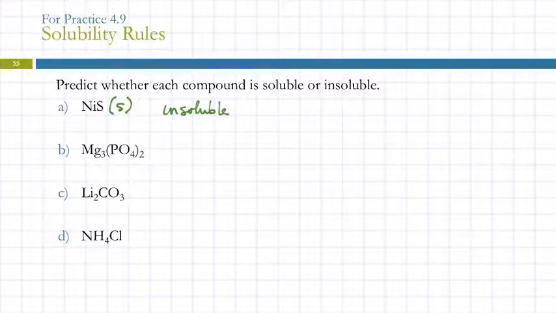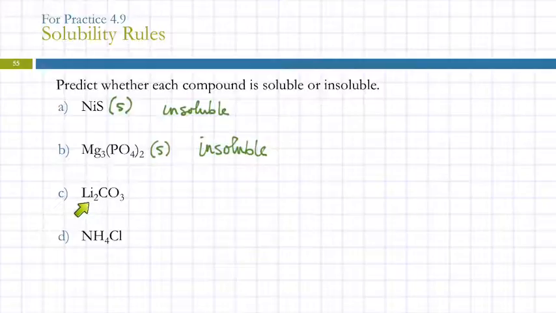Is this an exception? No. Insoluble. The way I do this is I have a mental picture of the chart. So one way to get a mental picture is to draw it a few times.